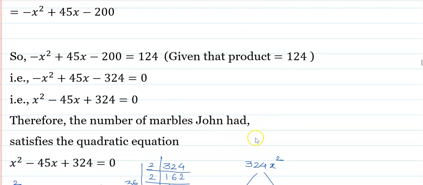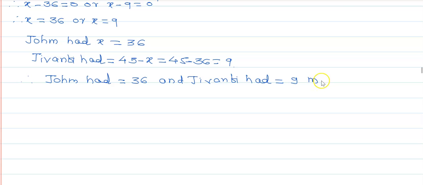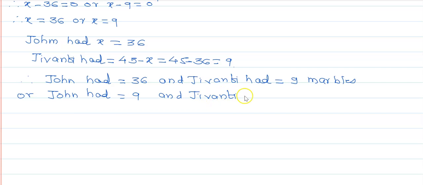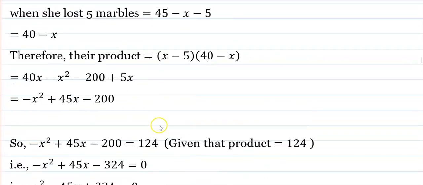Or John had 9 and Jivanti had 36 marbles. Now this is the answer.